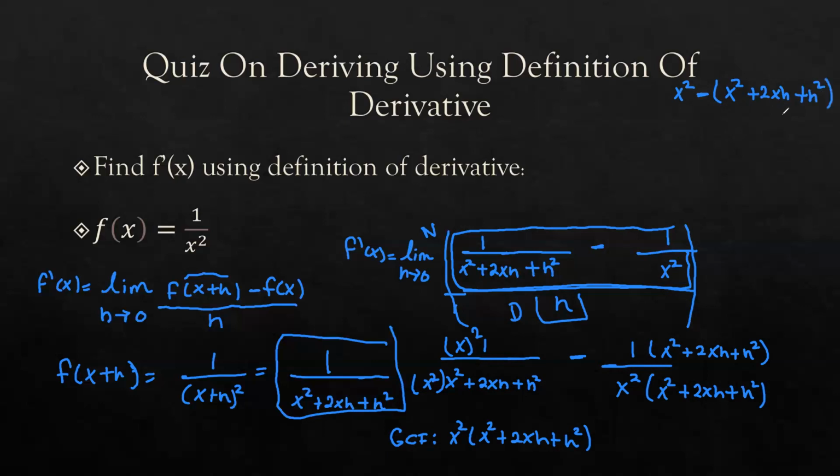And then it's all over the GCF, so x squared times x squared plus 2xh plus h squared. On the top, you can FOIL out this minus. So it's going to be x squared minus x squared minus 2xh minus h squared.